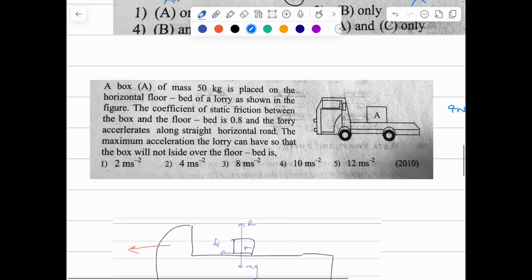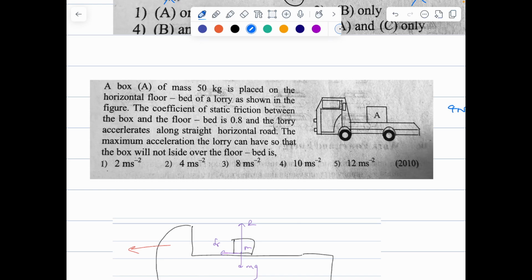So a box of mass 50 kg is placed on a horizontal floor bed of a lorry as shown in the figure. The coefficient of static friction between the box and the floor bed is 0.8, and the lorry accelerates along a straight horizontal road. The maximum acceleration the lorry can have so that the box will not slide over the floor bed is equal to?